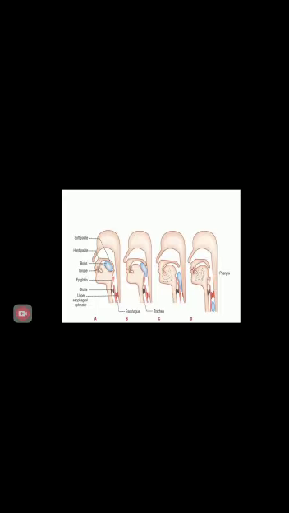The vocal cords approximate, they come together, and when they come together, the glottis, that's the spacing between them, closes. The epiglottis is the one here, pushed backward as a lid over the glottis. And the implication of that, as you can see, is that the food bolus is prevented from entering into the airways.